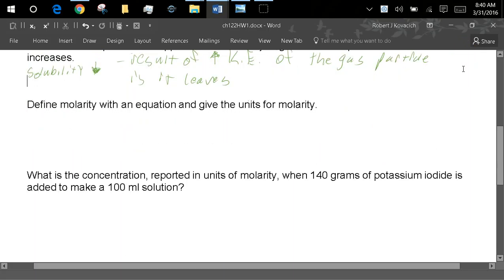What do we have for molarity? Moles of solute divided by liters of solution.